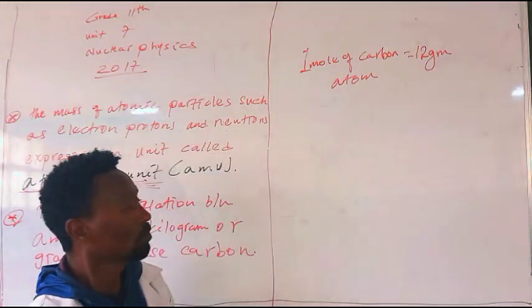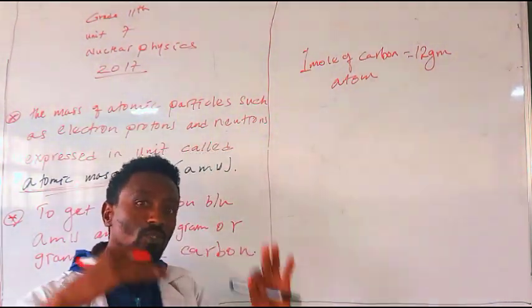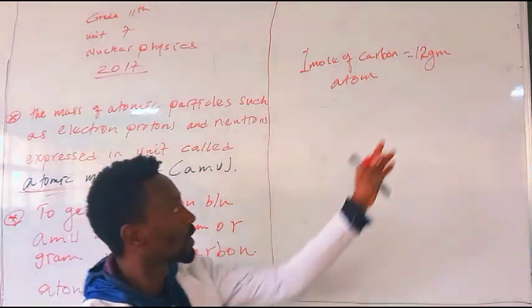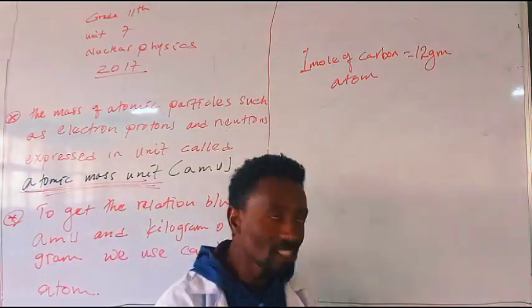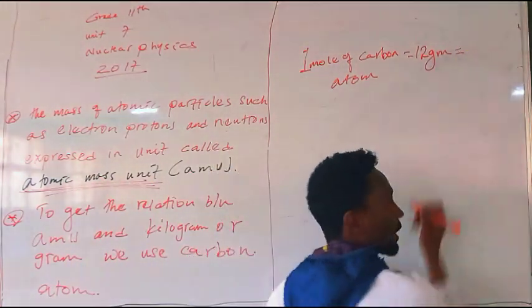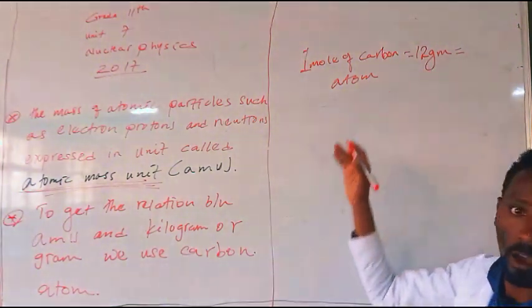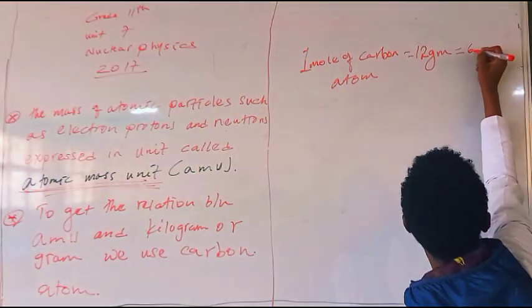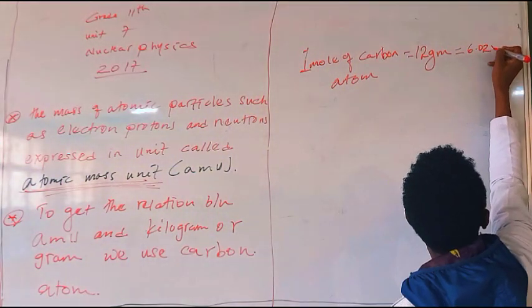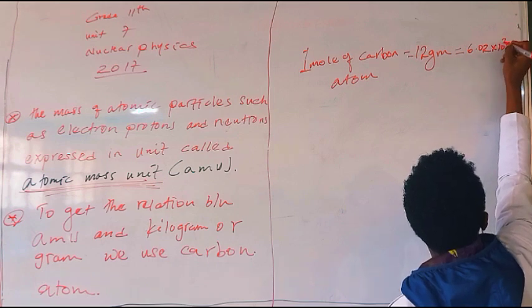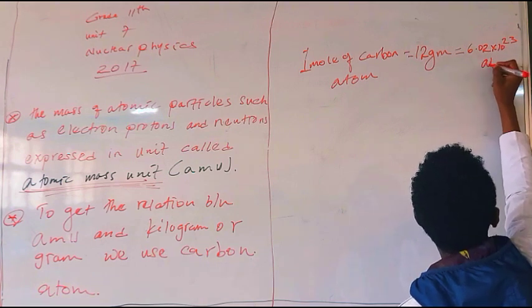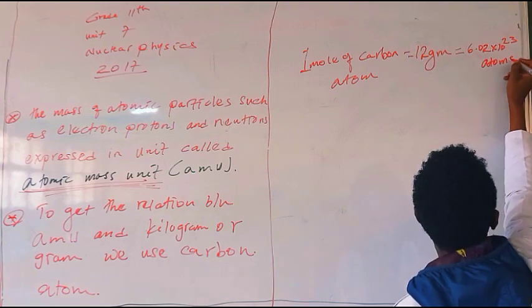So from chemistry lesson, you know that this one mole of an element has its own mass. This mass is always associated with the constant Avogadro number, that is 6.02 times 10 to the power of 23 atoms or particles.